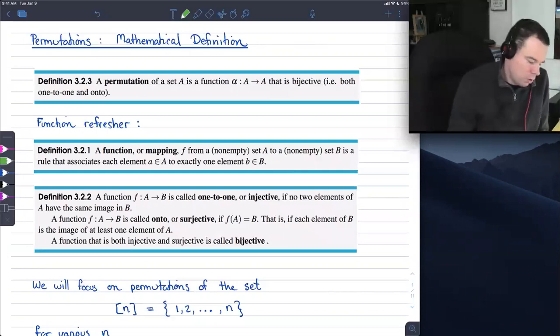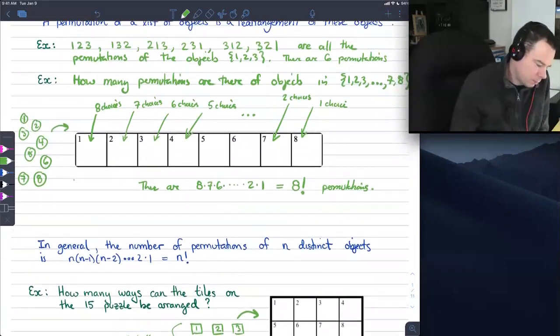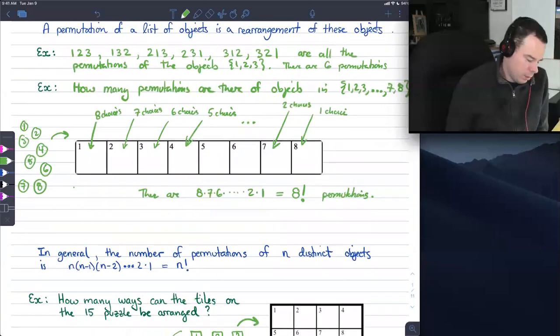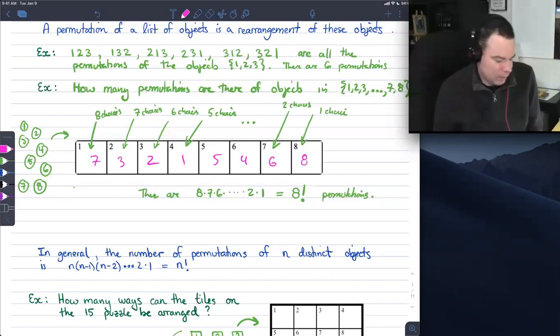So in terms of how this connects up with what we had before, let's say I was to lay the tiles out here. I put 7, 3, 2, 1, 5, 4, 6, let's say 8, something like that. So I laid the tiles all out.